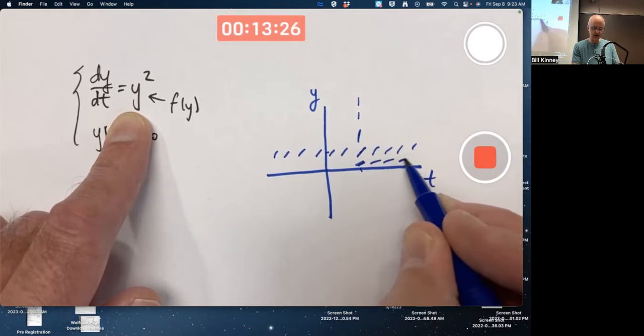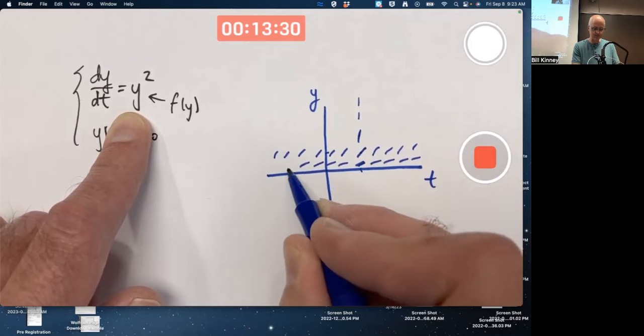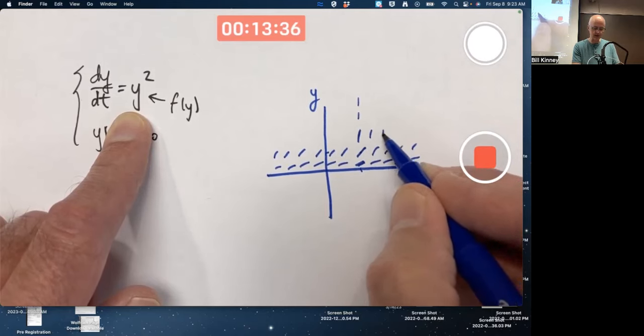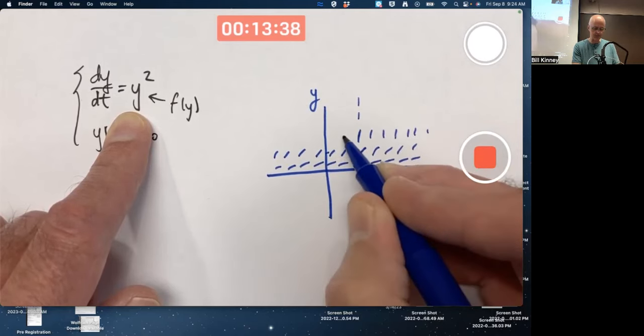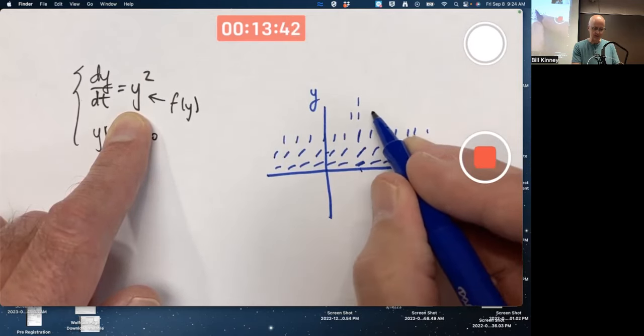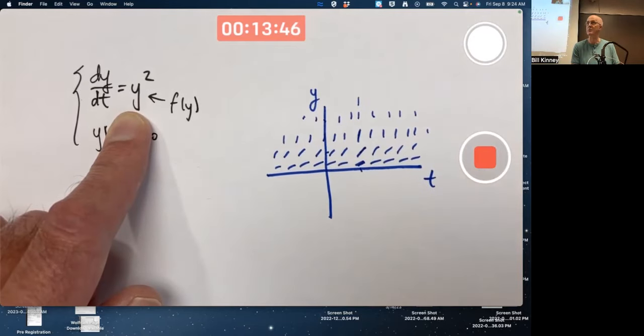These lines, say, all have a slope of 0.25. At y equals 2, where 2 squared is 4, these lines all have a slope of 4. And as I keep going up, the slopes keep getting bigger. But again, along any horizontal line, the slopes are equal, the lines are parallel.